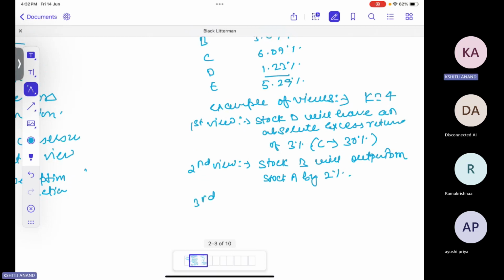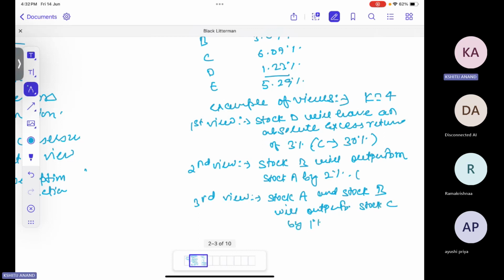Let the third view be that stock A and stock B will outperform stock C by 1%.